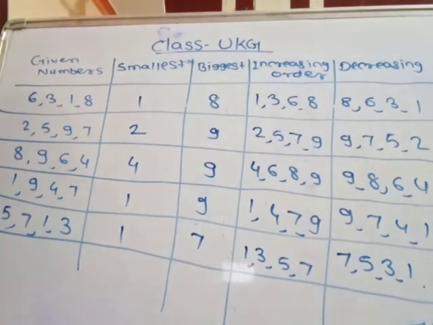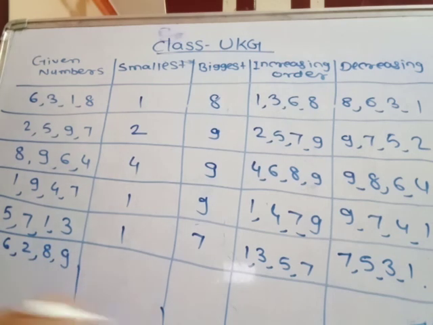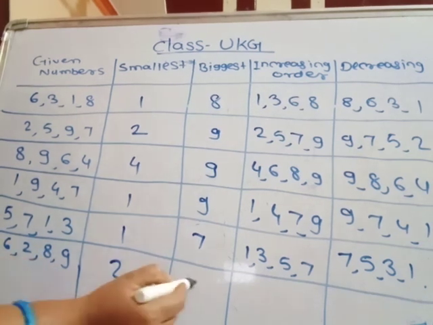See one more example, 6, 2, 8, 9. In these 4 numbers, which is the smallest one? Firstly you see the smallest number 2, then the biggest number, which is the biggest, 9.